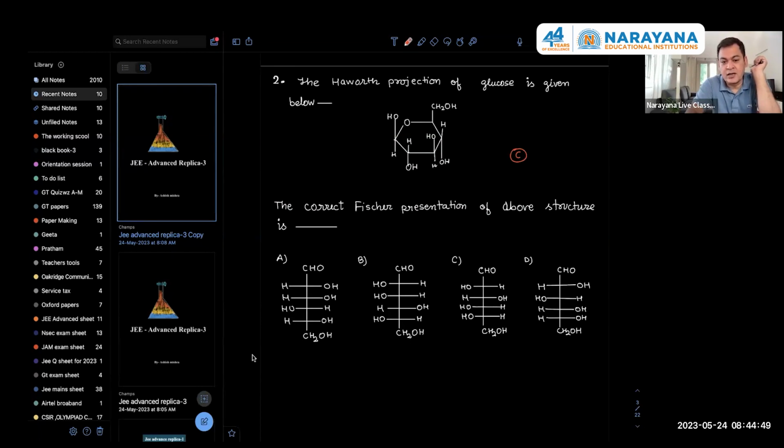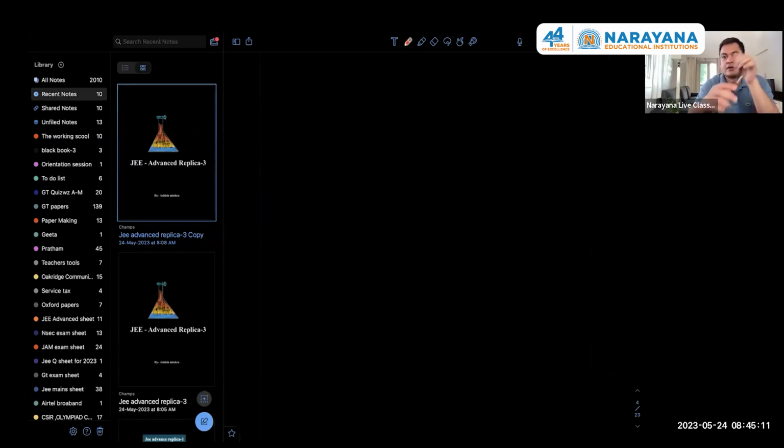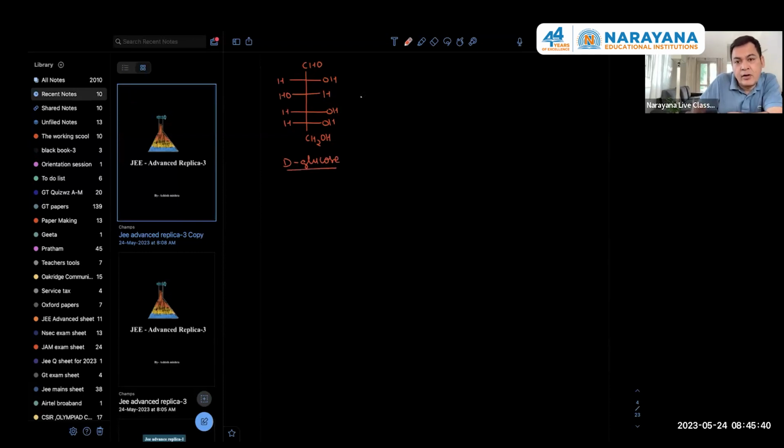Should I explain how to convert these things? Now you see, beta, suppose this is the compound, let's say D-glucose: CHO, CH2OH, and HOH, OHH, HOH. Suppose this is D-glucose. Now do one simple thing: lay down the compound in a horizontal manner.